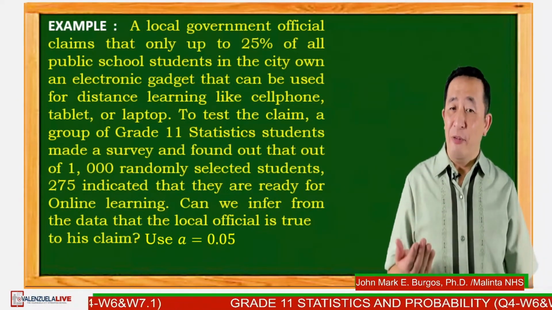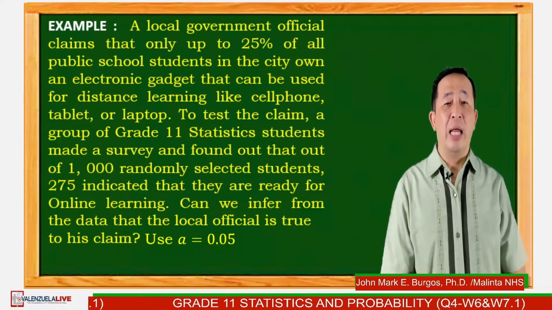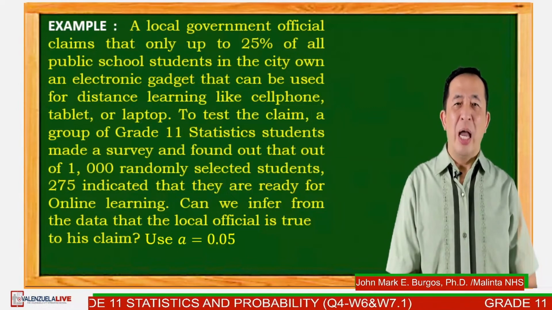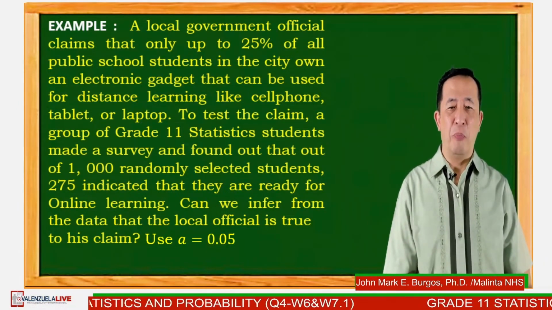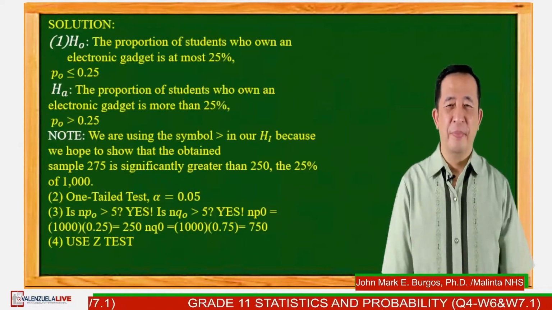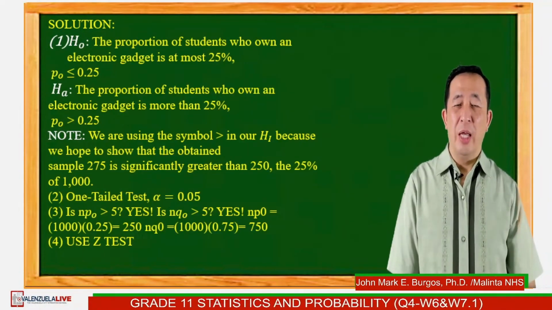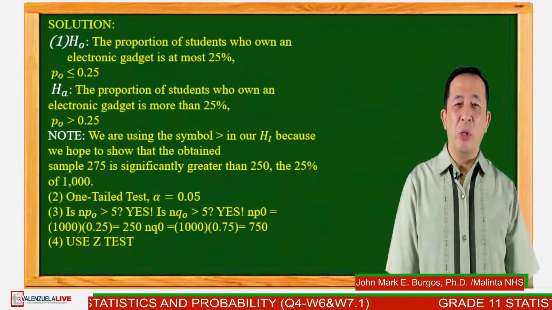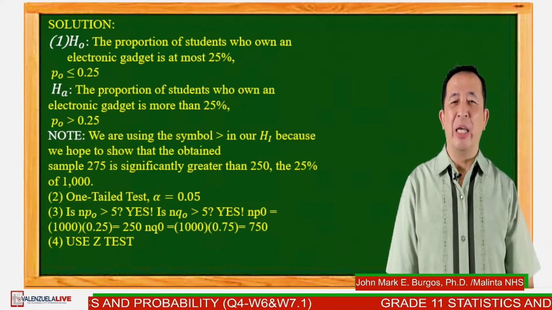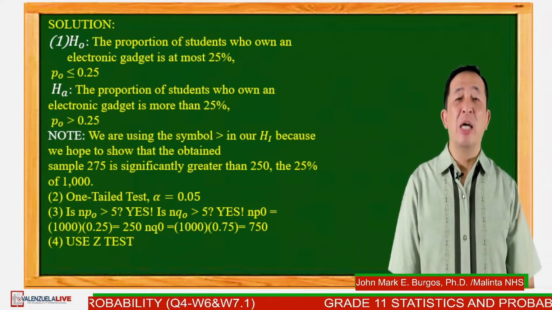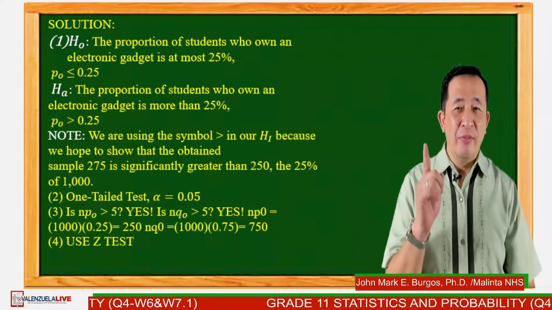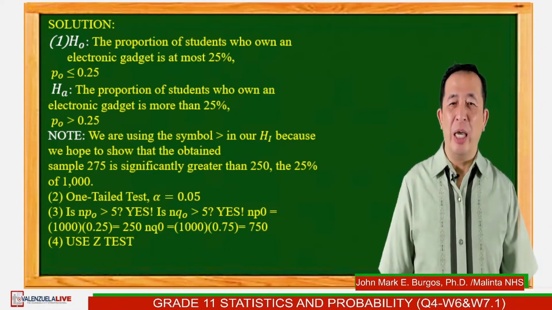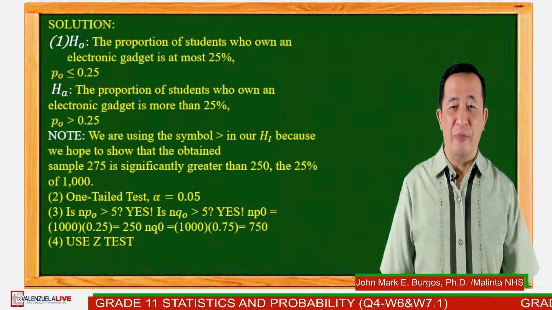Now, can we infer from the data that the local official is true to his claim? Let us use alpha equal to 0.05. For our solution, the null hypothesis, or HO, is that the proportion of students who own an electronic gadget is at most 25%. That is, p sub o is less than or equal to 0.25.